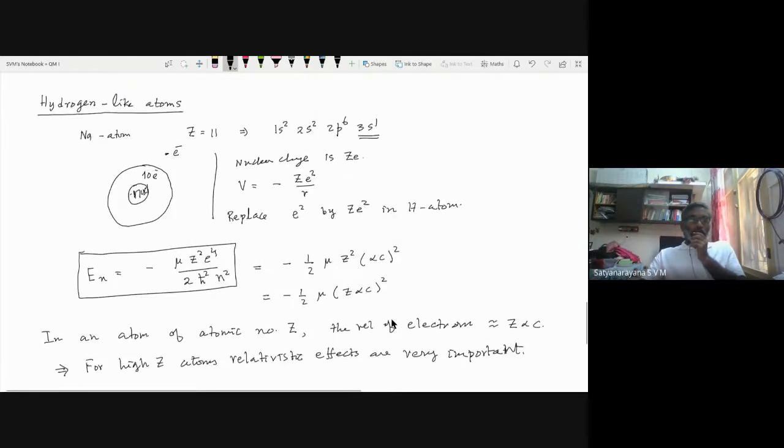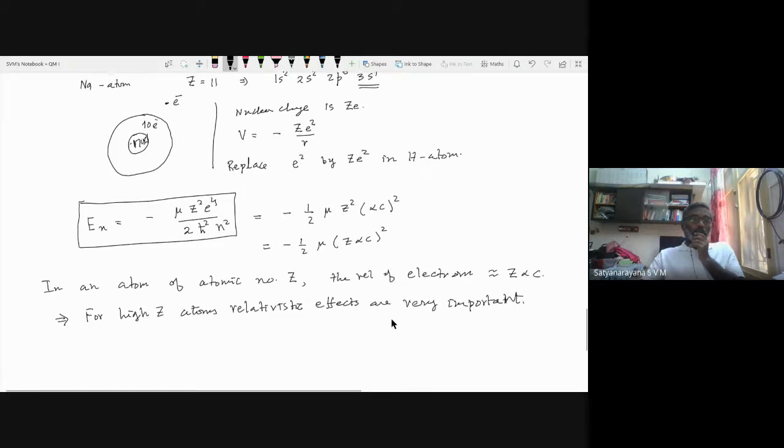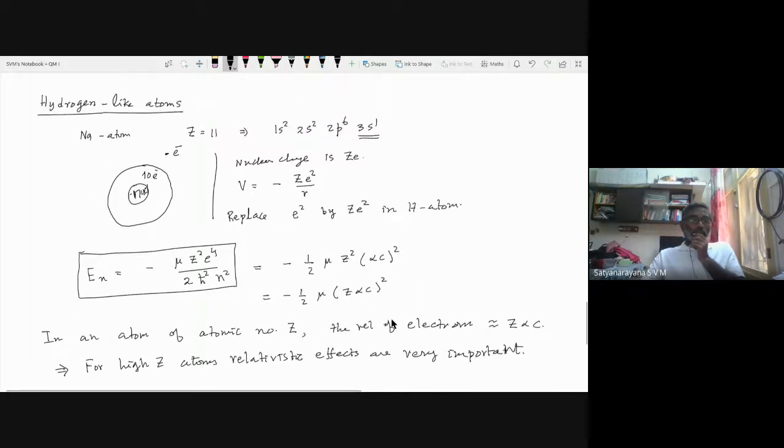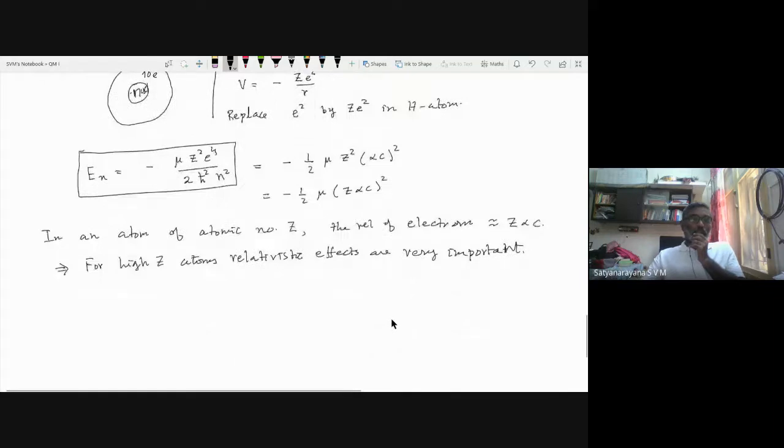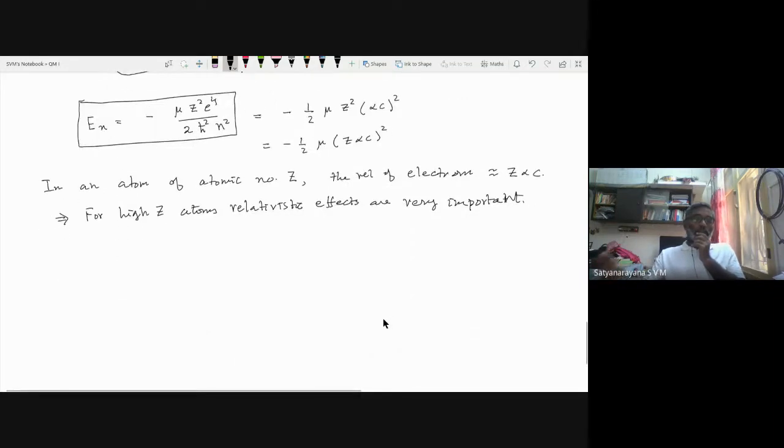Okay, so this is one aspect where you can talk about hydrogen-like atoms. So I am only trying to use these hydrogen atom results without actually solving these problems. These problems need not be solved because we can use these results. Now I am going to look at a problem which is completely different, and it doesn't appear to be related to this at all.